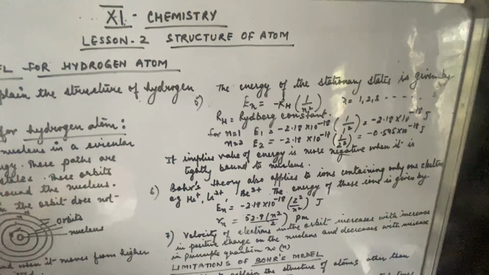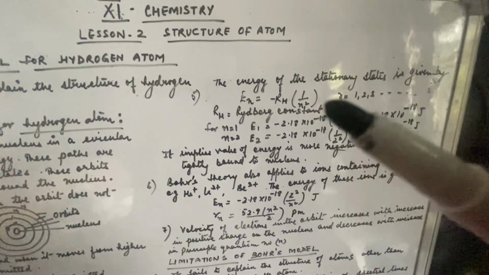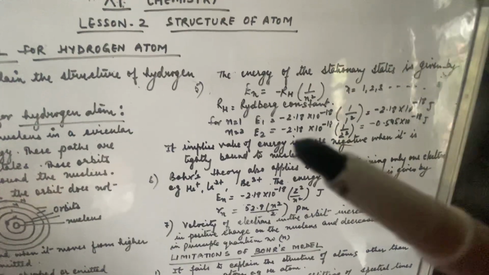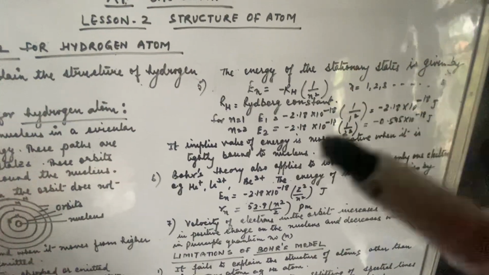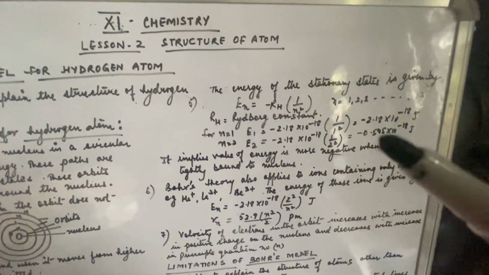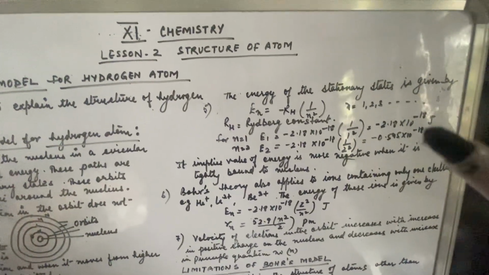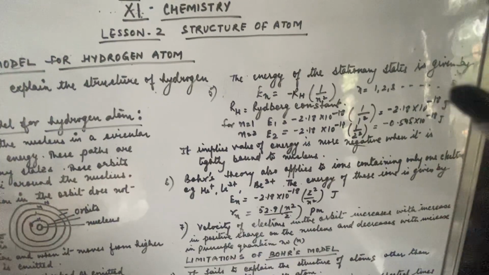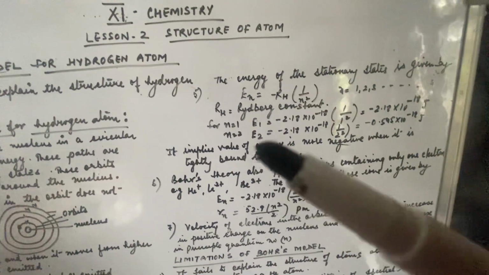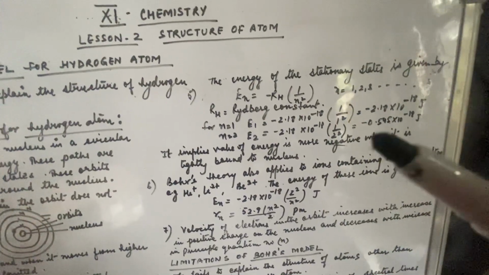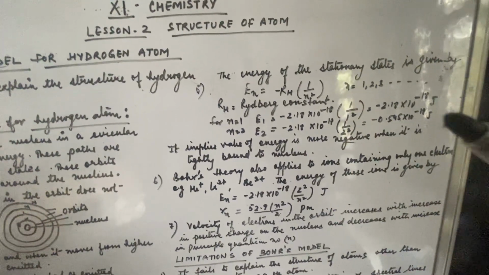Now the next he gave, the energy of the stationary states is given by En is equal to minus RH 1 by n square, where n is equal to 1 to 3. RH is Rydberg constant, and for n is equal to 1, value calculated is equal to minus 2.18 into 10 to the power minus 18, and for n is equal to 2, E2 is equal to minus 0.545 into 10 to the power minus 18 joules.